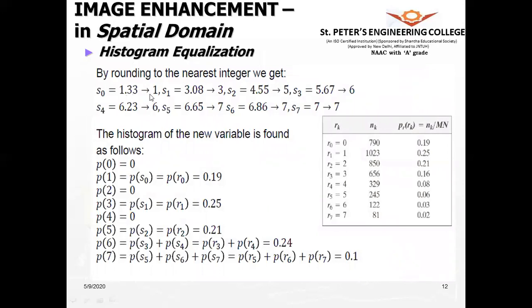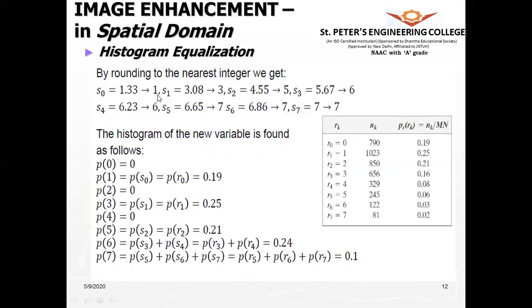So 1.33 is rounded off to 1, and anything above 0.5 is rounded to the next higher integer, while lower than that is rounded to the lower integer. So 3.08 is 3, 4.55 is rounded to 5, and so on. This is the value we calculated, and this is the rounded off value. Next, we map to the new variable. So P of 0 represents the output intensity value being 0. There is nothing there.